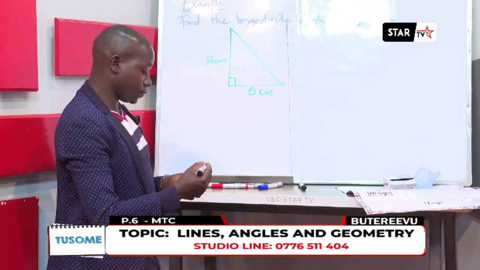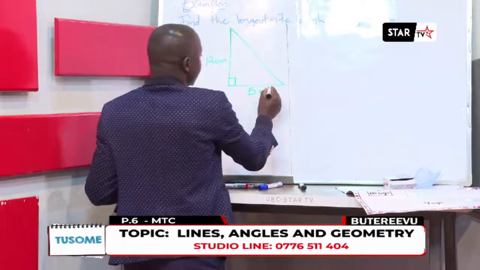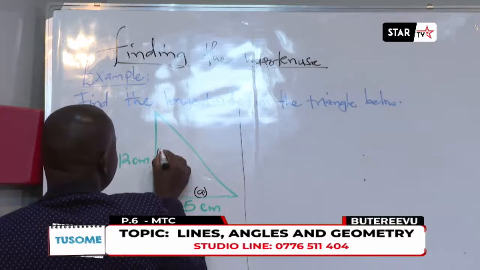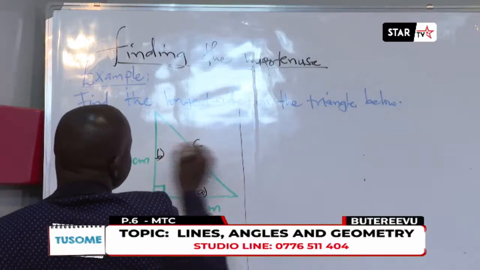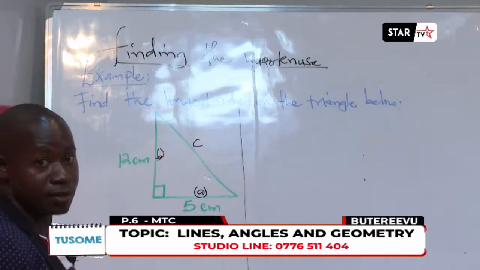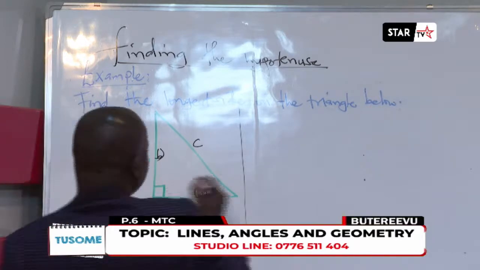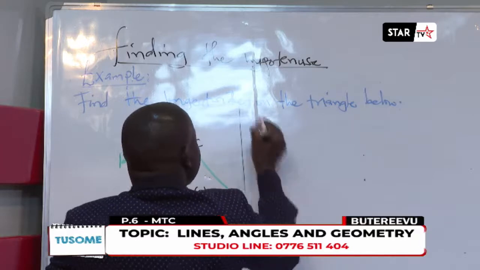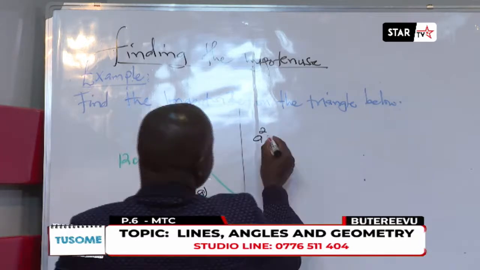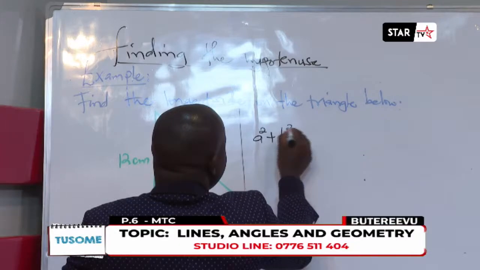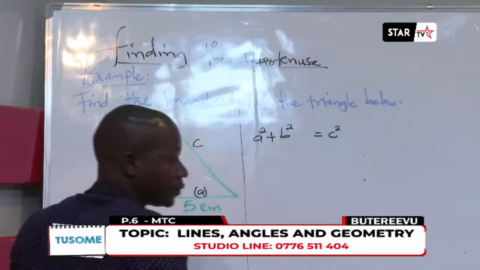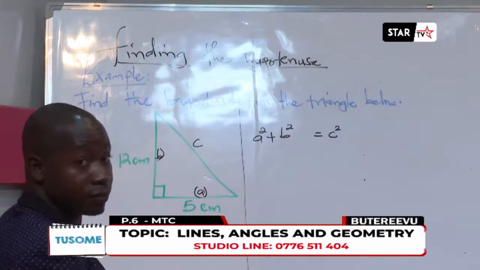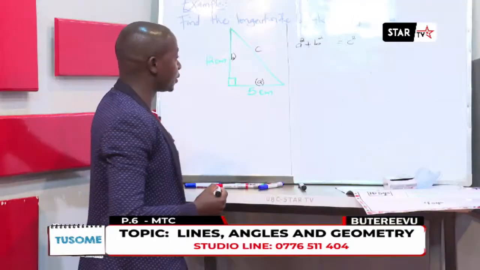With the base we use letter A, with the height we use letter B, and the hypotenuse we use letter C. So we shall substitute these letters in our statement that A squared plus B squared gives us C squared.